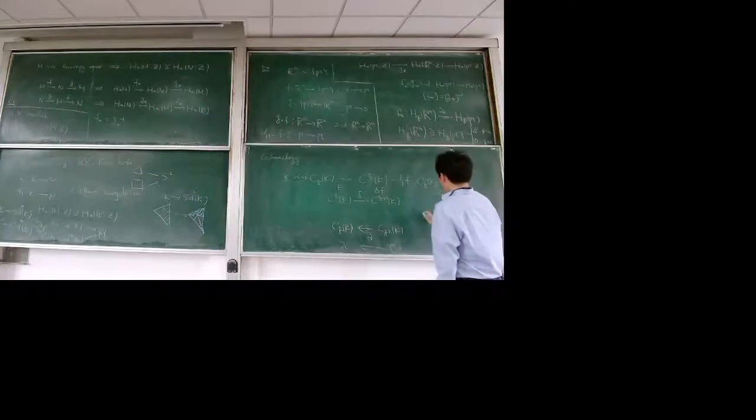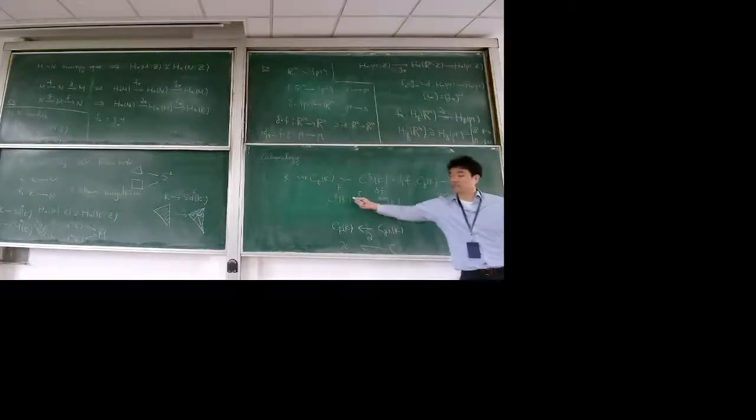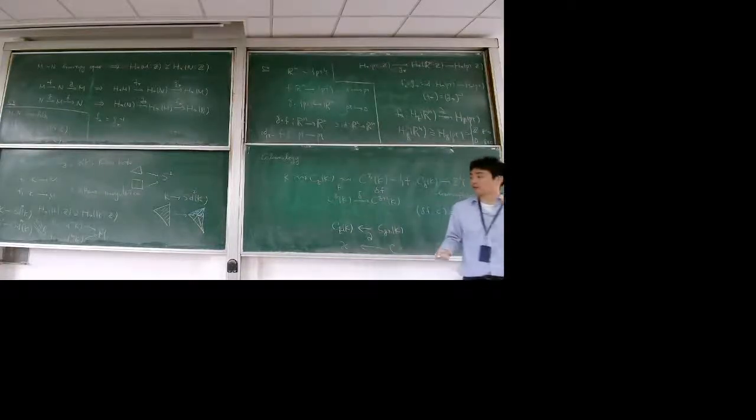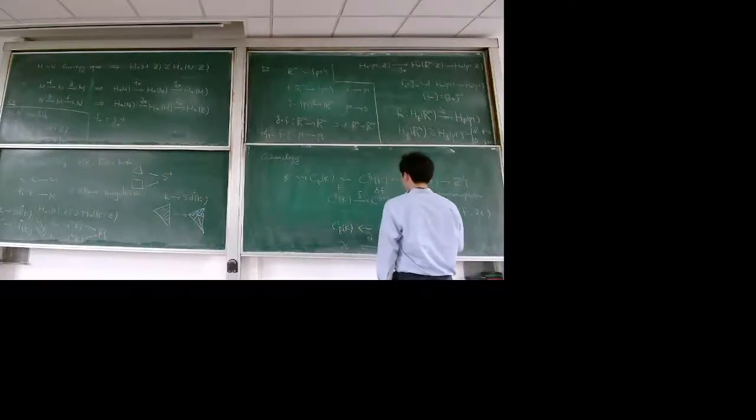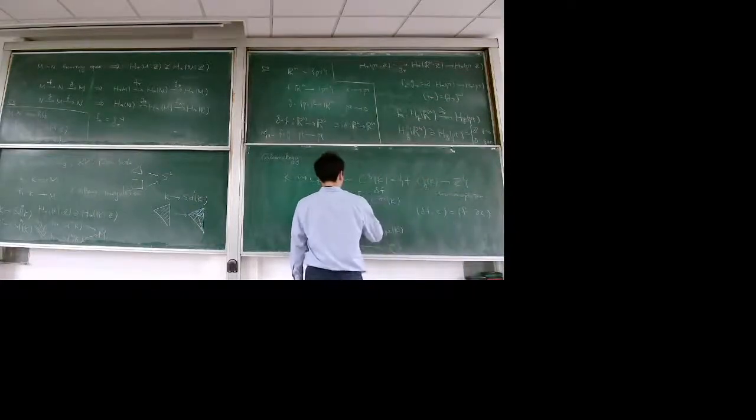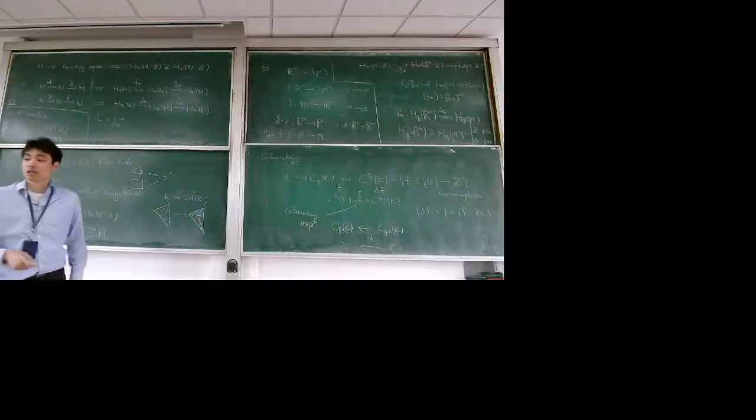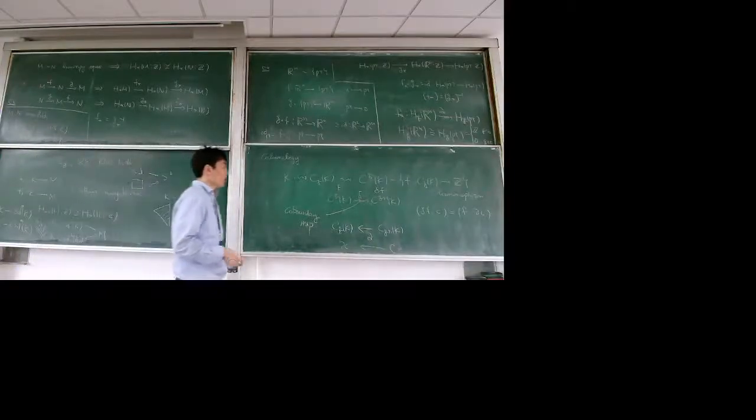Therefore, delta f paired with c should be equal to f paired with the boundary of c. That's how you define this delta. This is called the coboundary map.